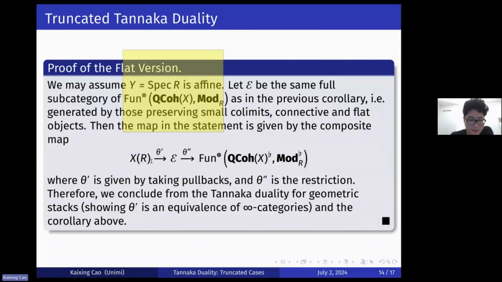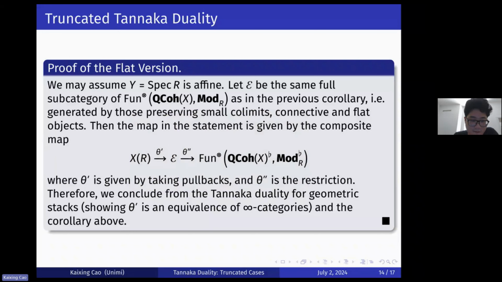So if we start from the R, now we assume Y is affine given by R. The Y point of X is just the R point of X, and the Tannaka duality told us that by taking the pullback, the first functor is given by an equivalence of infinity categories. Now we study the second one, and the composite functor is just obtained by taking the pullback and the restriction to the flat objects.